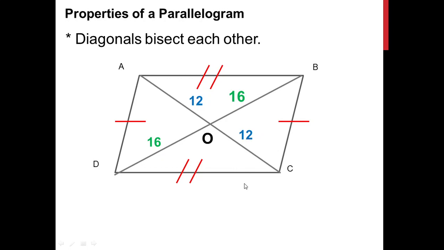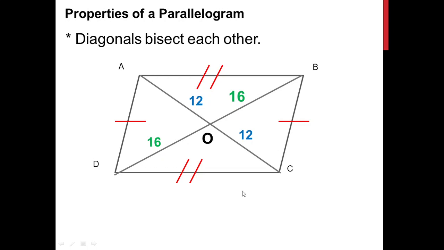Now, again, for a four-sided figure to be considered a parallelogram, it should meet the four basic properties of a parallelogram. First, opposite sides are equal and congruent.